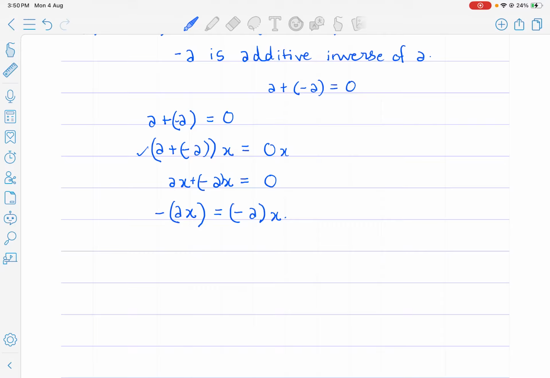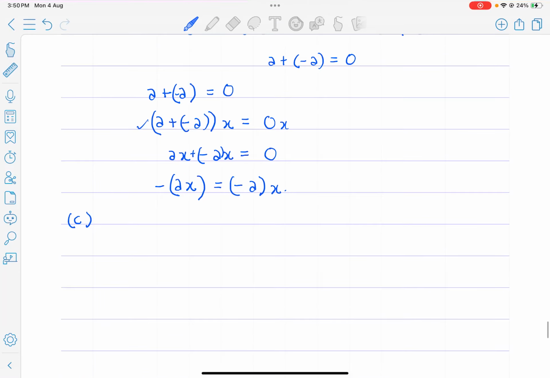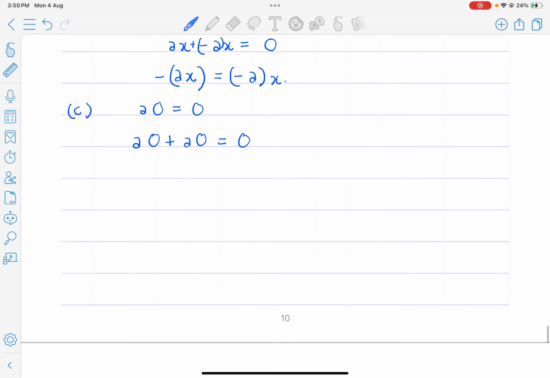Now let's go to C: a0 is equal to 0. How do we do that? a0 plus a0 equals a(0 plus 0), using the distributive law.